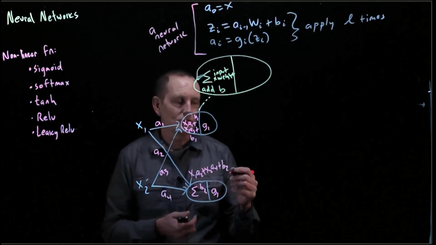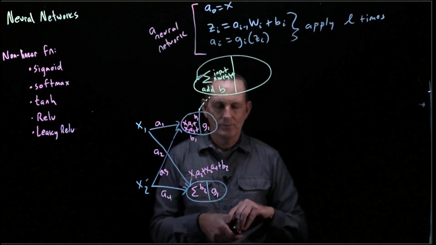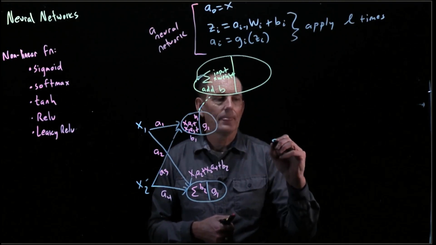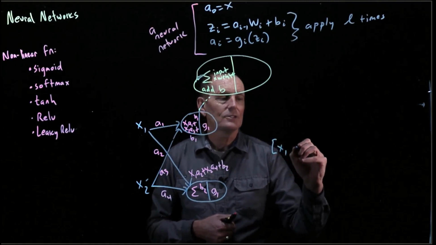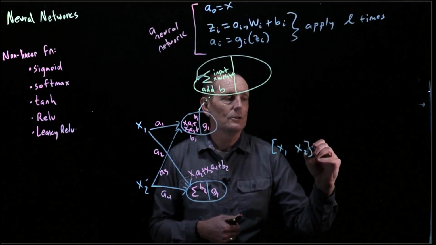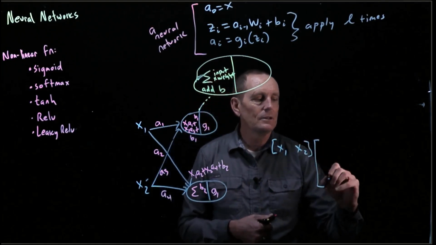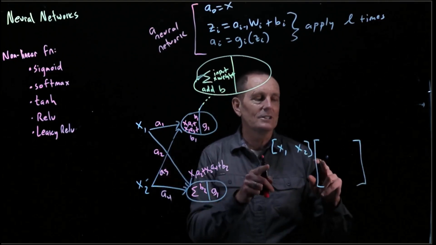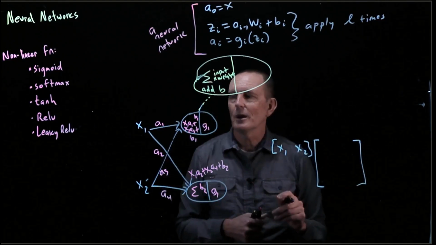Let's look back at it in matrix form, okay, as we're accustomed to. So this is equivalent to saying x1 x2 times the 2 by 2 matrix, 2 rows because we have 2 inputs, and 2 columns because we have 2 outputs.